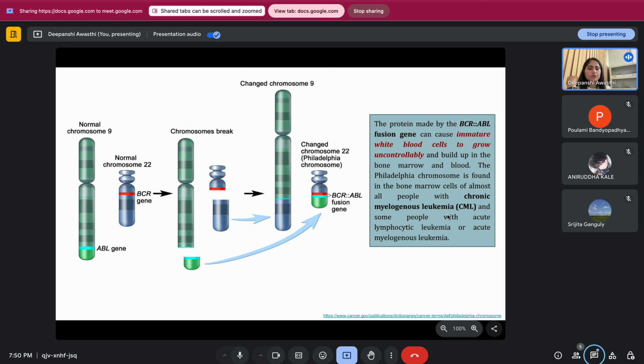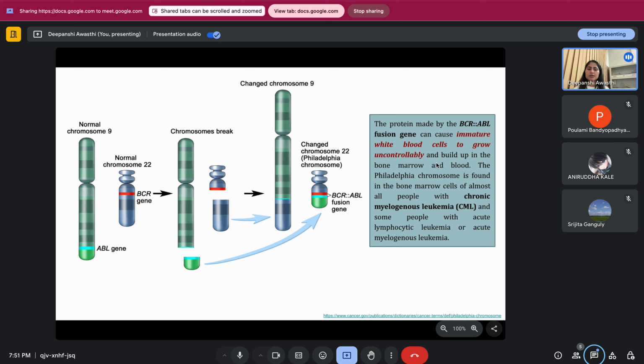So in CML, it was identified, and they have mentioned that it is a signature. Whenever this Philadelphia chromosome is present, we can simply say that it is associated with chronic myelogenous leukemia. If BCR and ABL combine, they form a fusion gene, which causes immature white blood cells to grow uncontrollably.